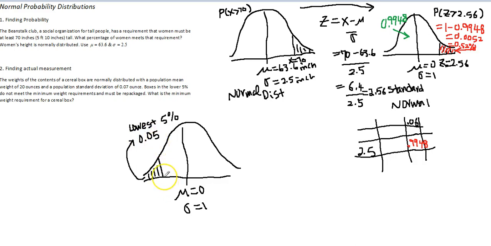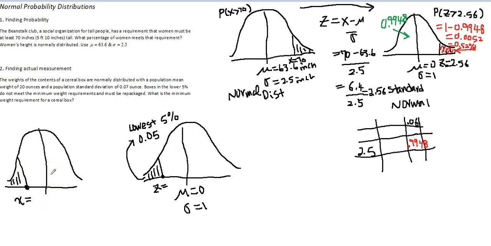First of all, we need to know the cutoff z-score here. Then we will go to a normal distribution, with the same thing, the lowest 5% here, and this will give us the actual cutoff score.